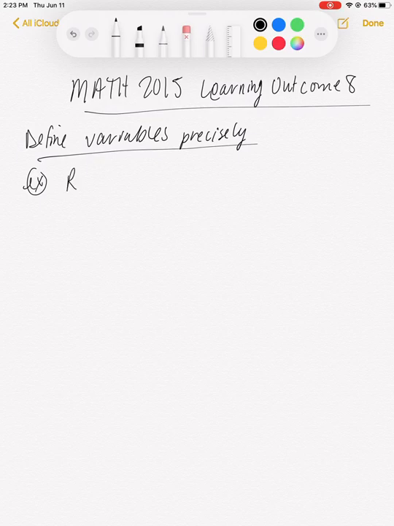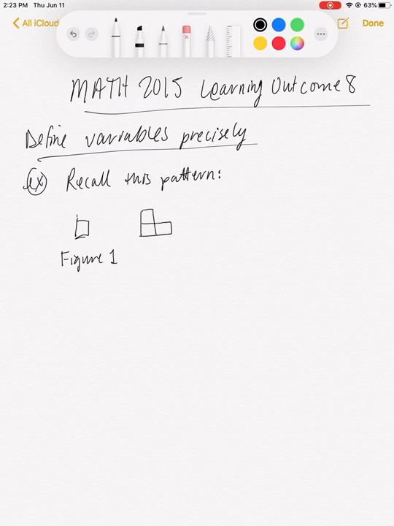Recall this pattern from an earlier homework. This is figure 1. This is figure 2. This is figure 3.